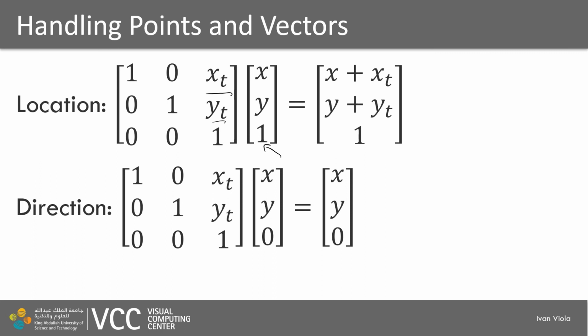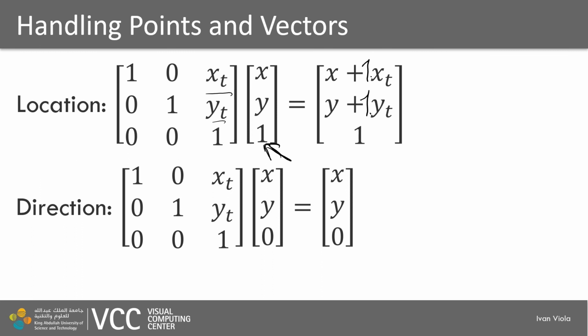And you can see that simply multiplying will result in the translated vector. Here we can always see that the multiplication will be with 1. So this is the one which we have here.